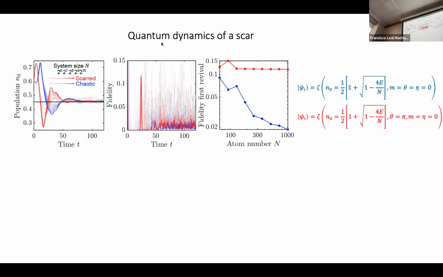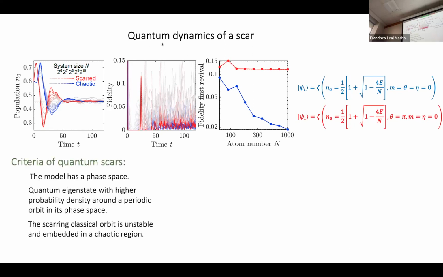When we compare with the chaotic region, there is a difference between them. Based on this, our model has a phase space, and we see quantum eigenstates with higher probability density around the periodic orbit. Most importantly, this periodic orbit is unstable and embedded in a chaotic region. As a result, we see the revivals of state fidelity. So we do have quantum scars in this model.